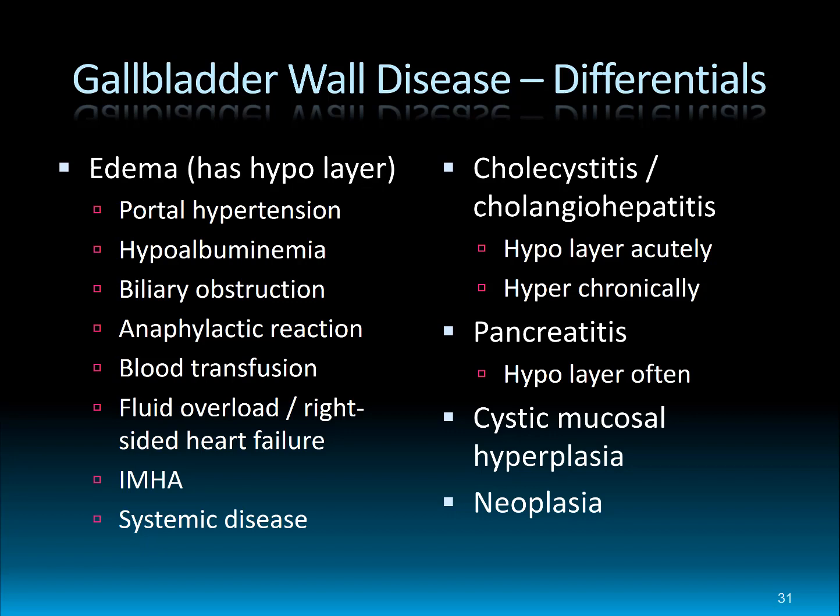There are a few things that are more directly biliary related, like cholecystitis or cholangiohepatitis, even pancreatitis kind of getting nearby. But again, a lot of these will look very similar, and so it's difficult to know: is this wall thickening due to a primary biliary disease like cholecystitis, an inflammation directly of the biliary tract, or is this edema secondary to some systemic process?